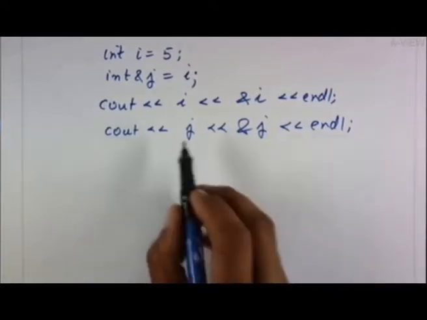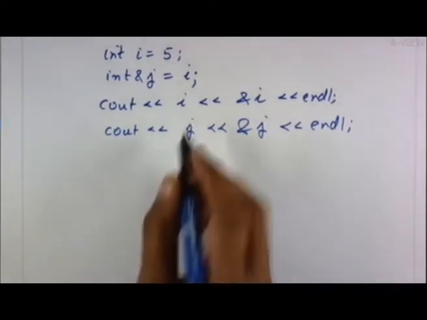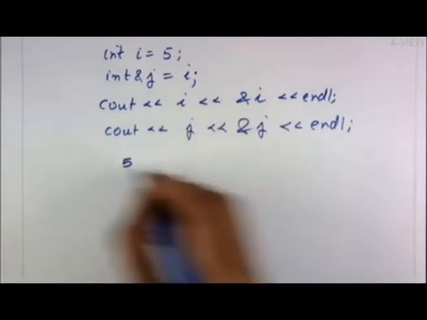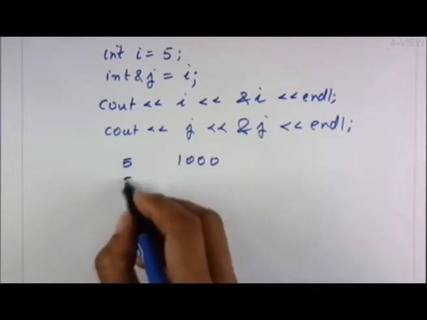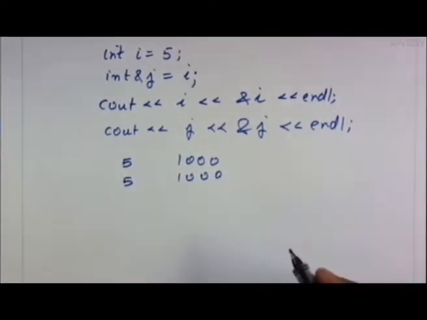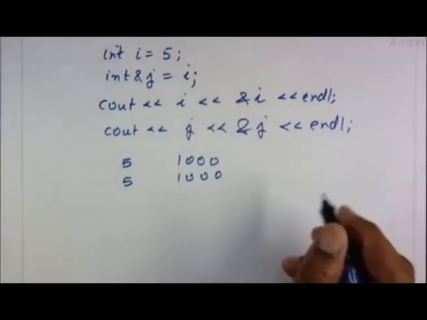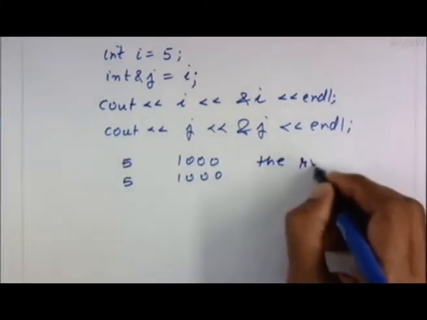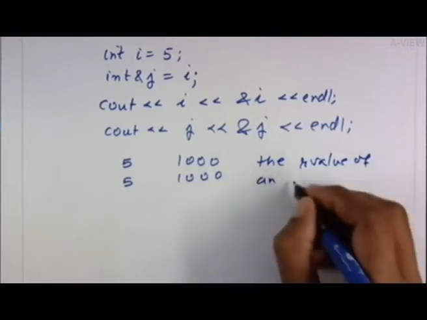If j had the address of something, it should have printed the address of I. It doesn't. So if this shows the value 5 and let's say 1000, if this is the address of I, the second line will give you exactly identical output, 5 and 1000. It's as if I and j are the same, which it is not actually. So in other words, the R value of a data of a reference type is never accessible.